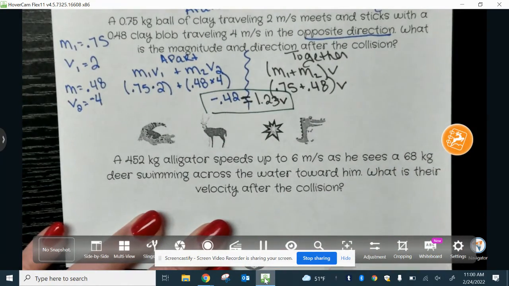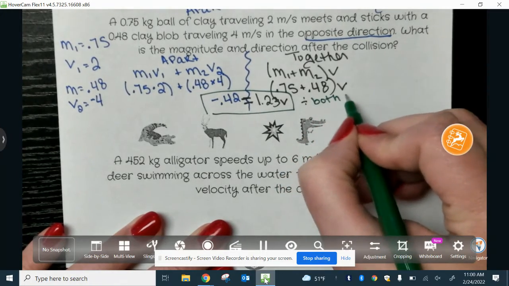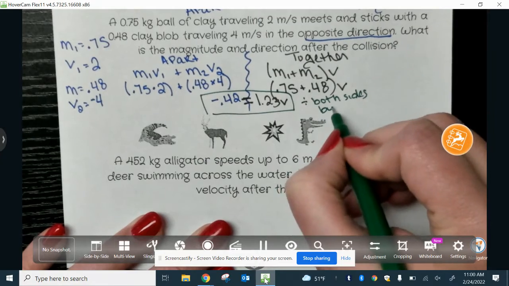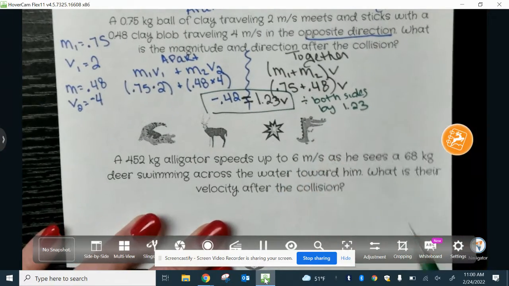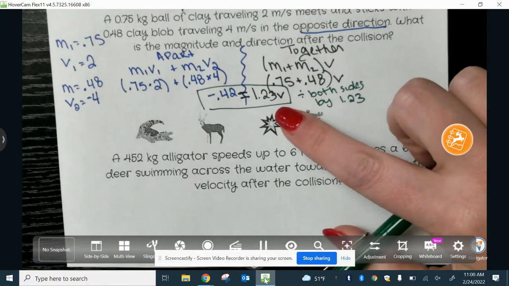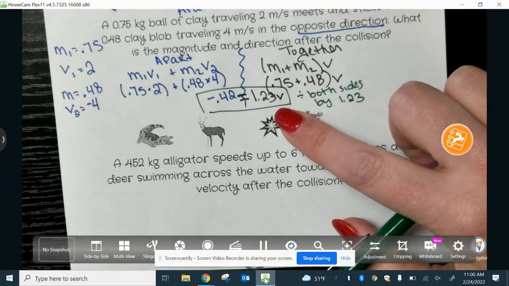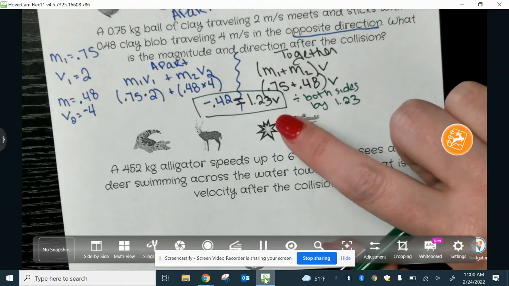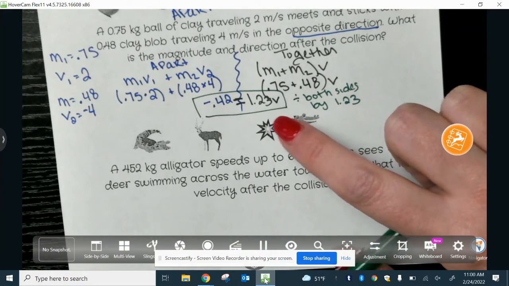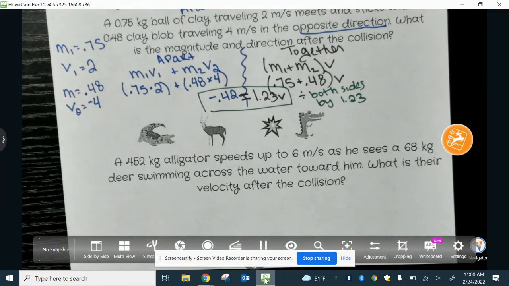That is my equation I'm working with, so I'm going to divide both sides by 1.23. Now, I grade your tests. I know that this is where you mess up, because we all like to divide big divided by little. It just gives us better numbers. In this case, we have to divide by that 1.23 on both sides to get v by itself. So make sure you're not rushing through this and making a mistake that you know better just because we're used to dividing big by little.